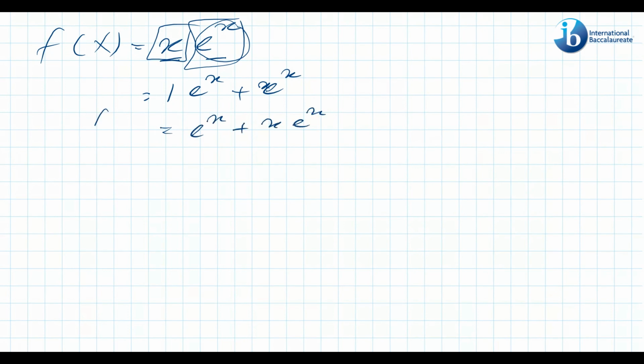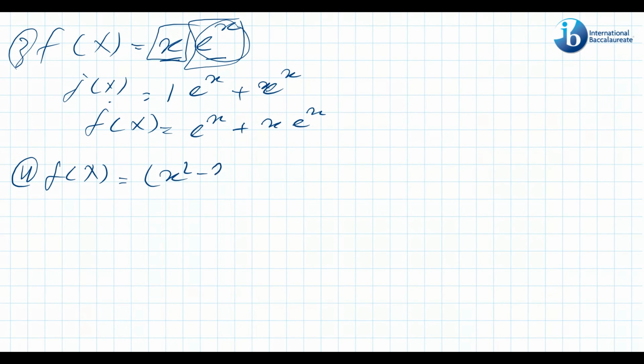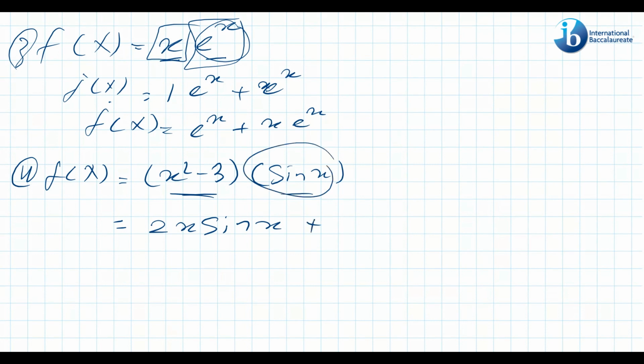This is f dash of x. Another example, this is the third, and what about the fourth? If we have f of x equals x squared minus 3 by sine x, for example, then you're going to differentiate the first, it becomes 2x by the second, sine x, plus the derivative of the second, which is cosine x, by this term, which is x squared minus 3.